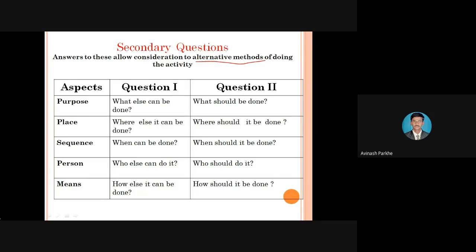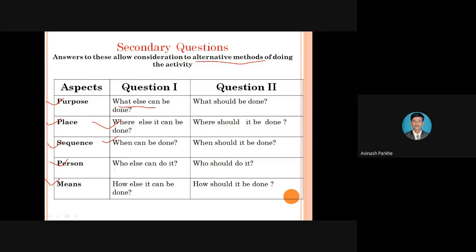So here again the second questions are asked: purpose, places, sequences, persons, and the means. In case of purpose, what else can be done? If the previous method is not available, what can I do for the further modification? Place: where else can it be done? At which location can we perform that modification? Sequence: when is it to be done, whether tomorrow, the day after tomorrow, or today only?